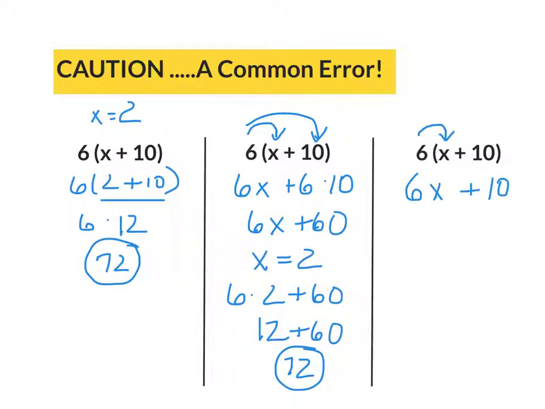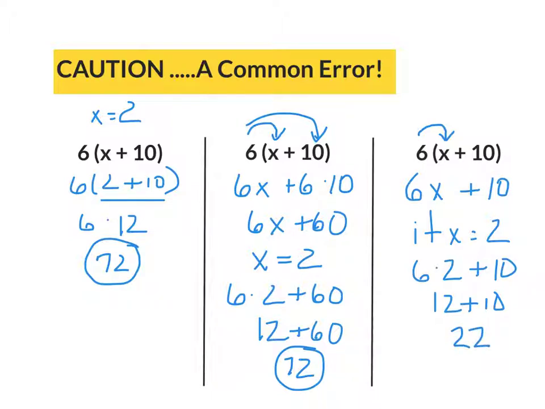And then if x is equal to 2, I say 6 times 2 plus 10, and I simplify that to 12 plus 10. 12 plus 10 is 22. That is not what we got here or here. So this way is wrong.